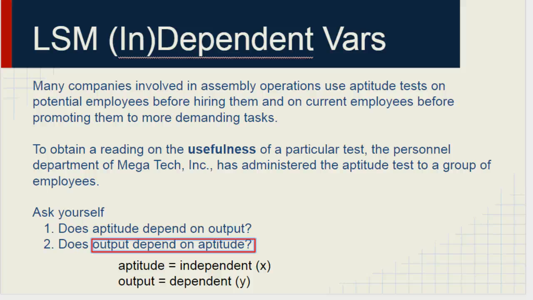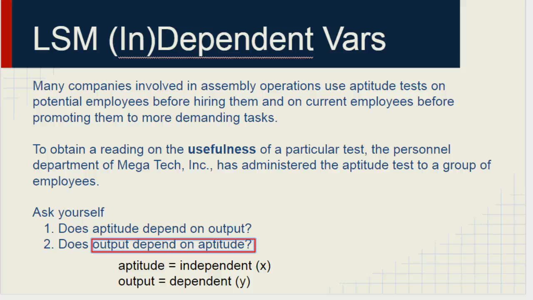Now, one thing that people want to do is to figure out how useful these particular tests are. In this scenario, Megatech Inc. has a personnel department, and they've administered an aptitude test to a bunch of employees. So, 2 questions to ask. First of all, does the aptitude depend on the output?